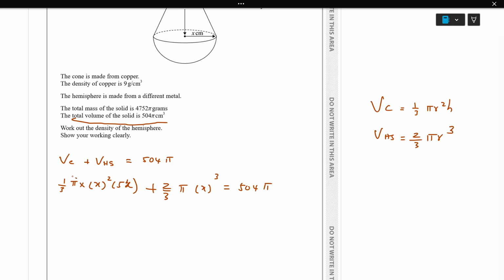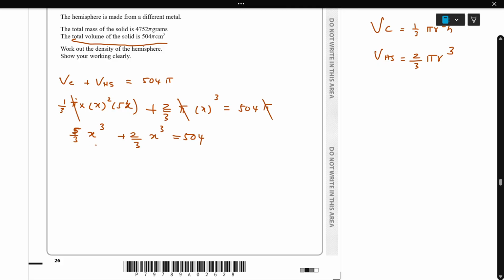So the pi we can cancel from all. Now 5 by 3 x cube plus 2 by 3 x cube equal to 504.